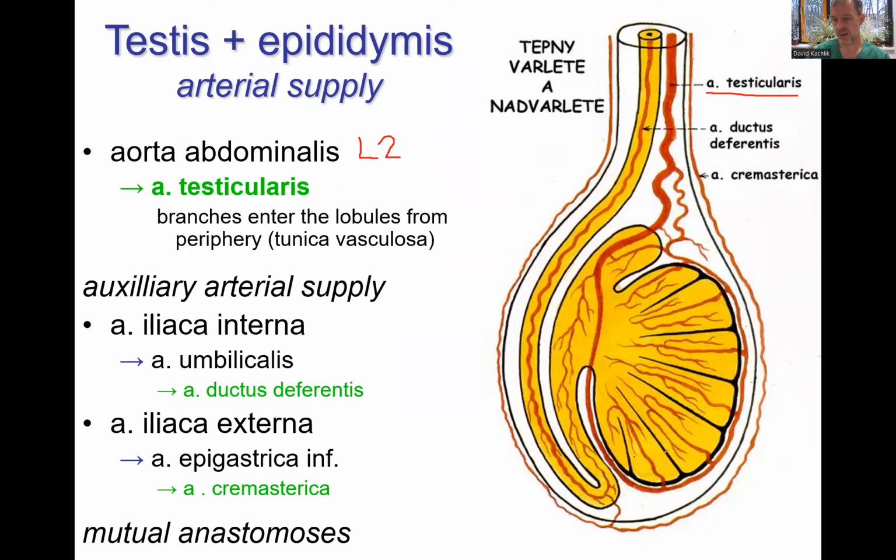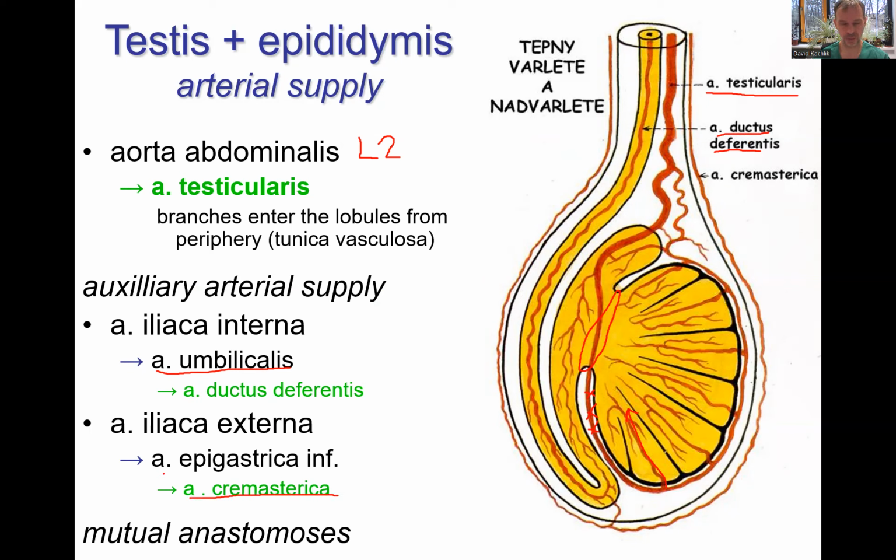Then it is also supplied by ductus deferens artery, which is a branch from the umbilical artery, or sometimes directly from internal iliac. And a small contribution comes from cremasteric artery, supplying the cremasteric muscle. It's a branch from inferior epigastric artery.